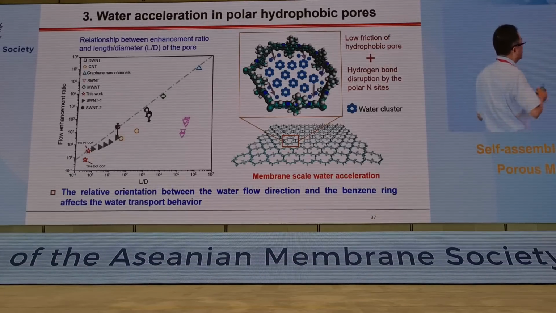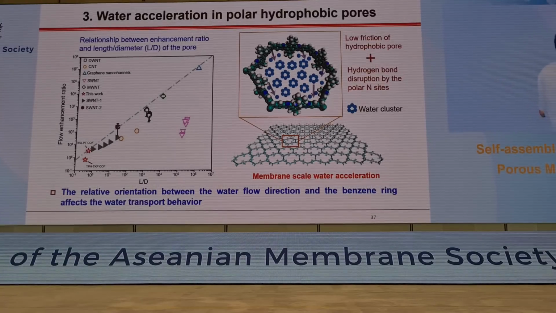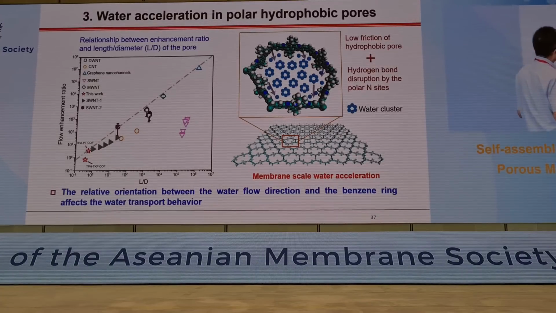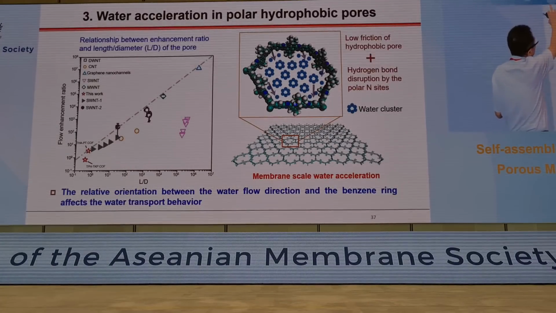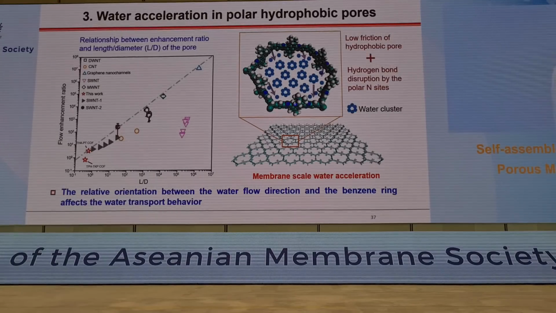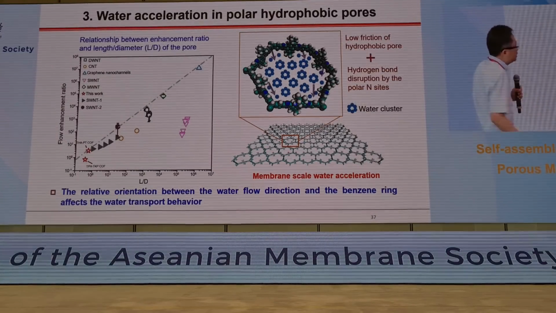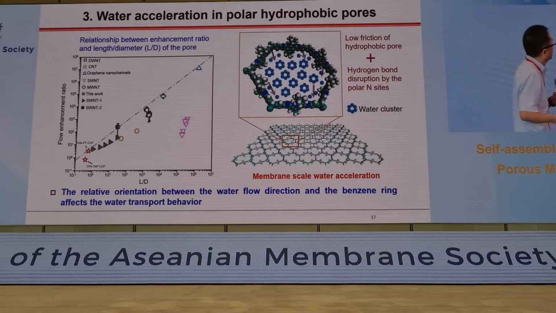So we also did some quantitative comparisons with literature reported results. We checked the relationship between the enhancement ratio and the geometric parameter, that means the length versus the diameter.